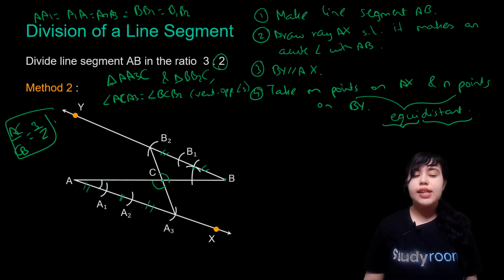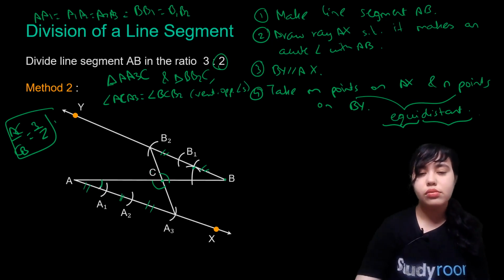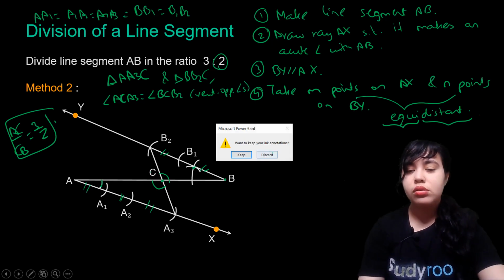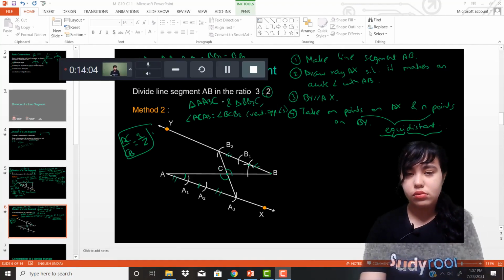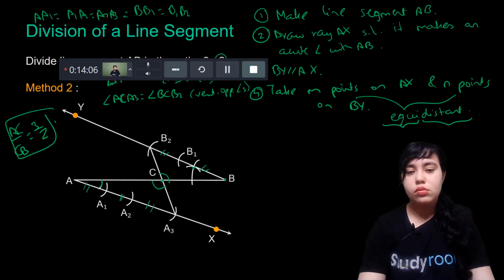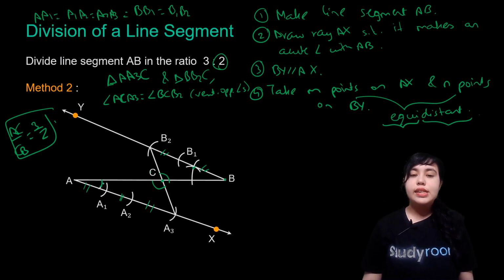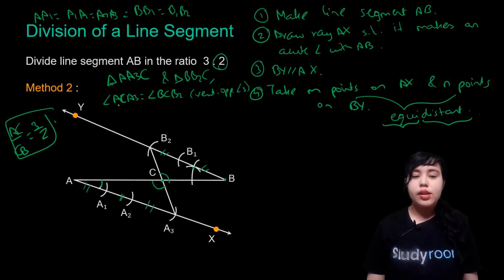Apart from this, we see that these two angles are equal. So then these two angles, angle CAA3 and angle CBB2, are equal by construction.